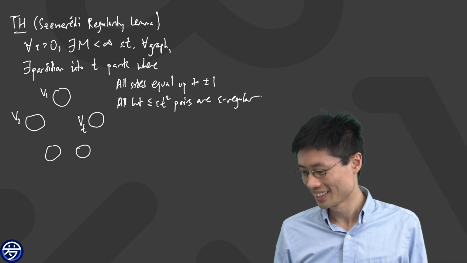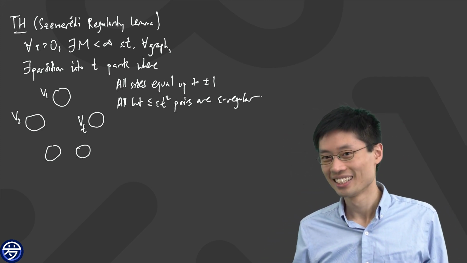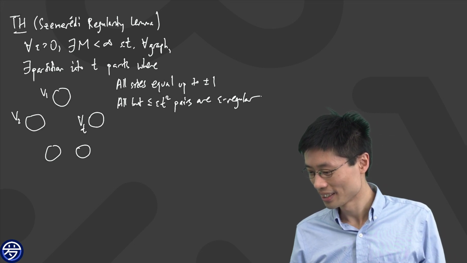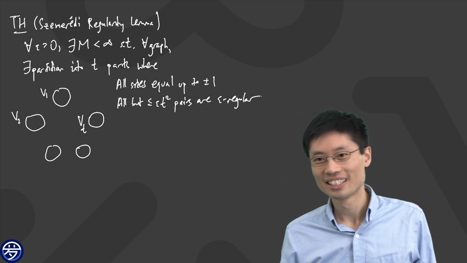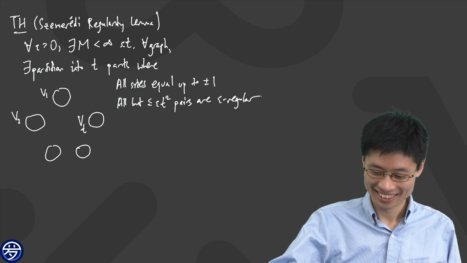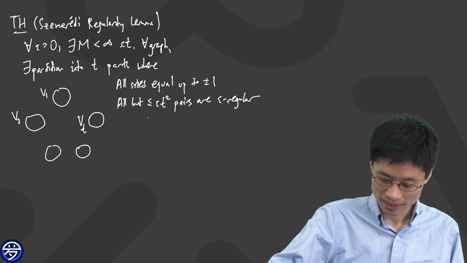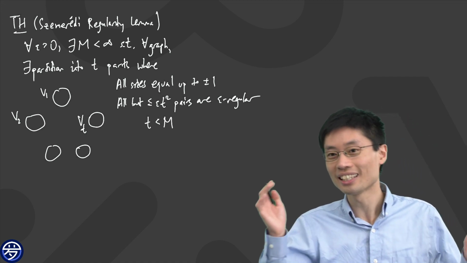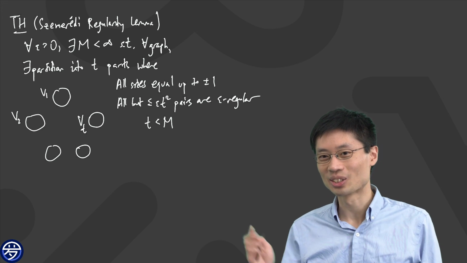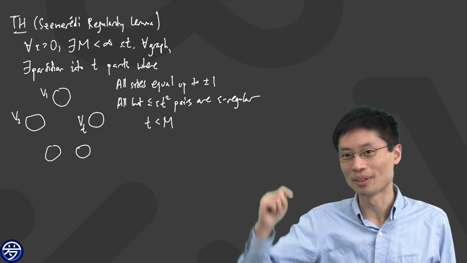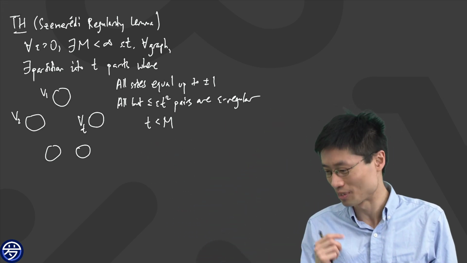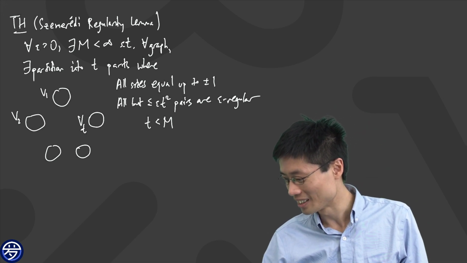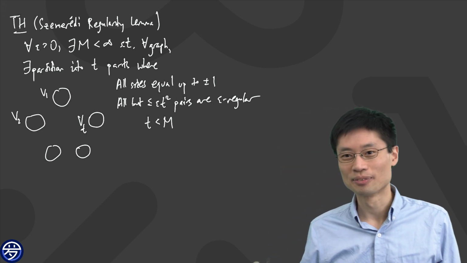Liam, you need t to not be so large that the parts are tiny. Okay, so we have one condition that t can't be too big, so I can write t less than M. But there's another condition. Yes, actually that's trivial to prove. If I'm allowed to make all the parts have size 1, that is very easy. There's another condition. Liam, your hand still looks up. What do you have? There's another.